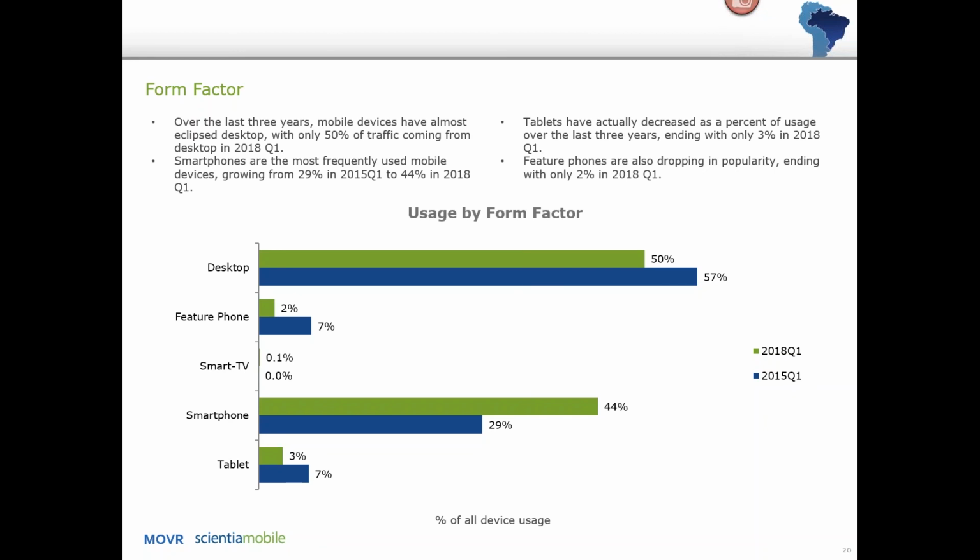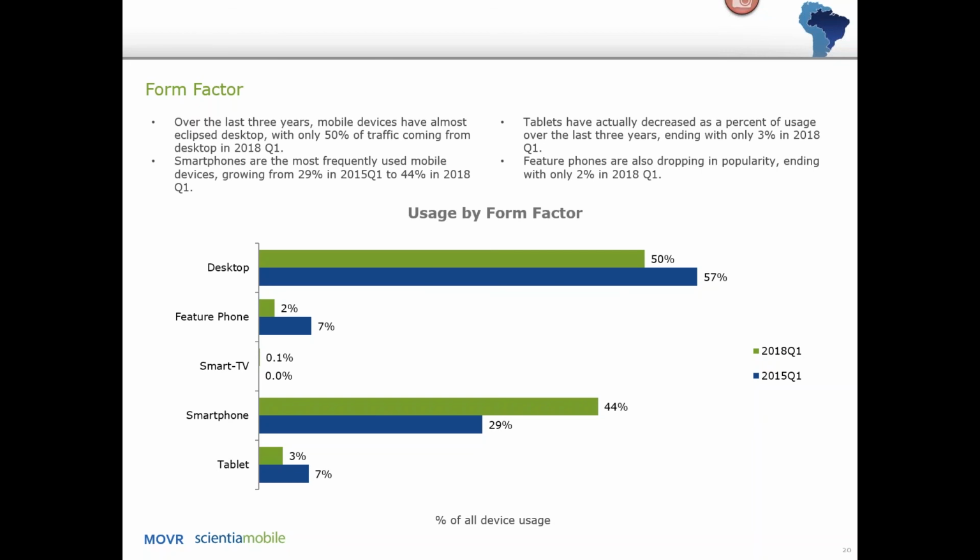So back in 2015, 57% of all browsing sessions that we saw were coming from desktops, and that dropped down to 50% in 2018. Conversely, the smartphone sessions went from 29% in 2015 to 44% in 2018.